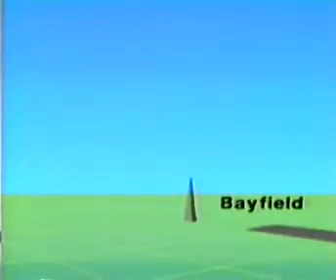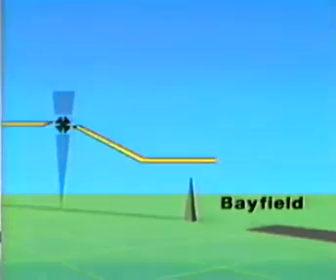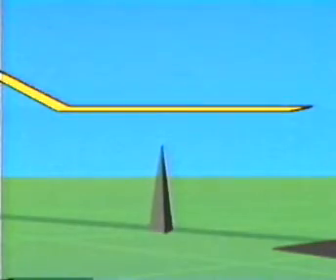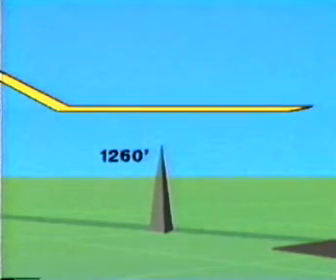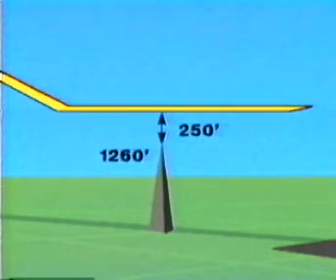As an example, suppose the FAA is creating a VOR approach with a final approach fix to Bayfield Municipal Airport. They have determined that the MSL altitude at the top of the controlling obstacle is 1,260 feet. As we already know, the required obstacle clearance for this type of approach is 250 feet.